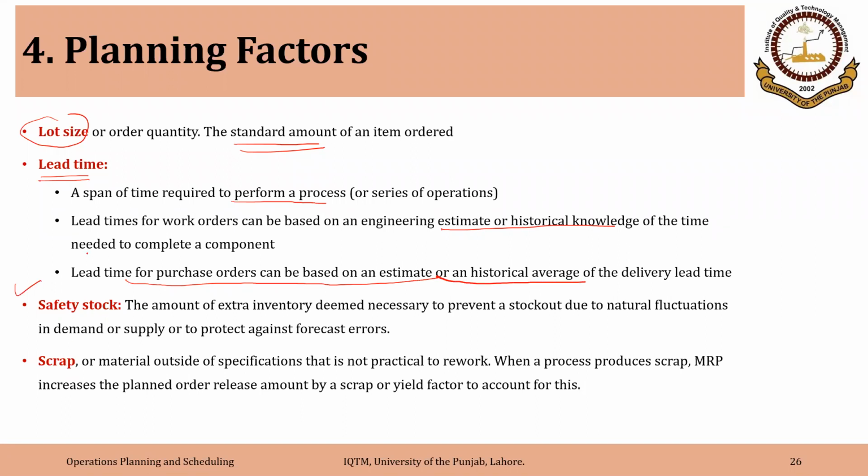Another important factor is safety stock, the amount of extra inventory deemed necessary to prevent a stock out due to natural fluctuations in demand or supply, or to protect against forecast errors. And scrap factor could also be included. Generally, safety stock is maintained for critical items, the shortage of which might pose some serious problem to the production.